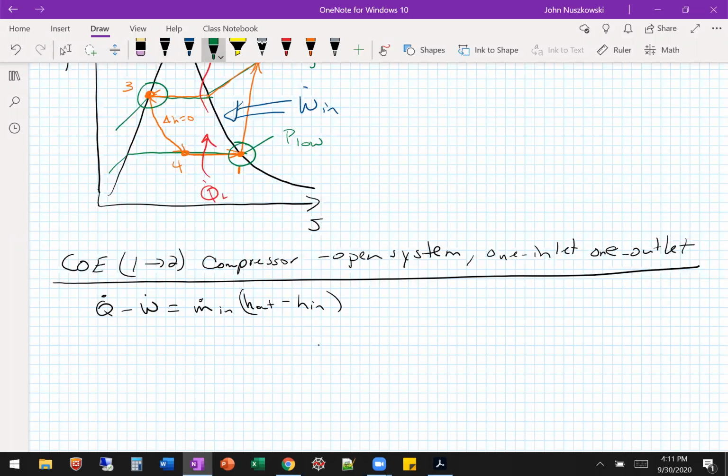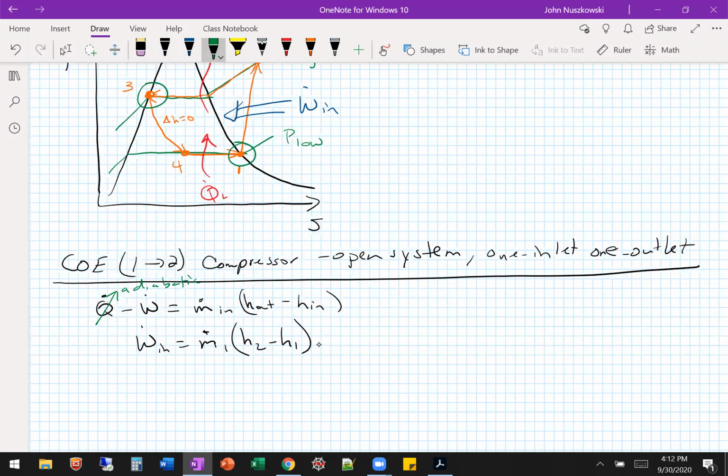So it's the compressor, so it's adiabatic. And then we have work in, and it's mass flow rate at 1 times the change in enthalpy, right?